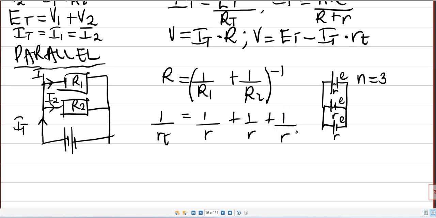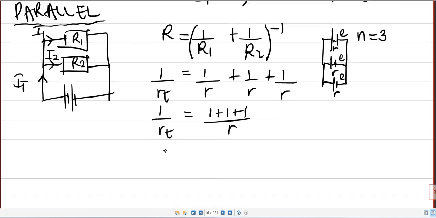According to maths, if the denominators are the same and the fractions are adding, you may add the numerators. So I have 1 over r total equals 1 plus 1 plus 1 over r, which I can express as 3 over r.